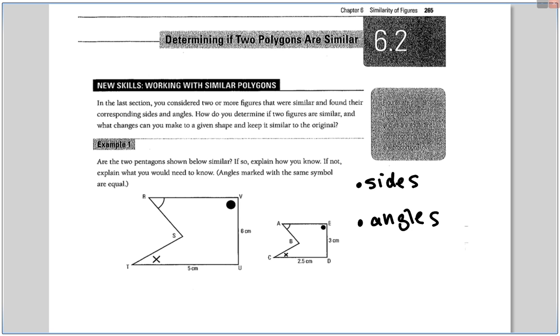In order for two shapes to be similar, the sides have to be in proportion, and basically they have to have the same scale. So if one of the dimensions was multiplied by 2, all of the other dimensions have to be multiplied by 2. Okay, you can't just start multiplying things by different numbers because then shapes would get distorted.